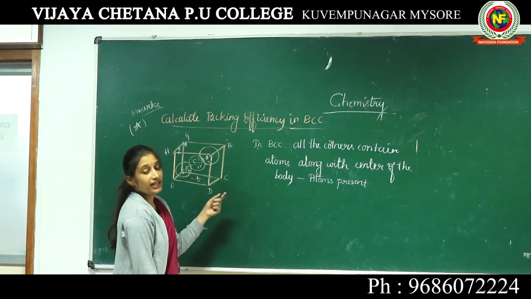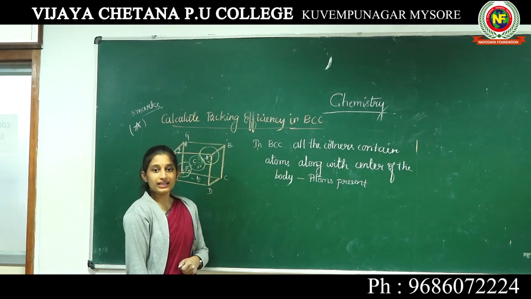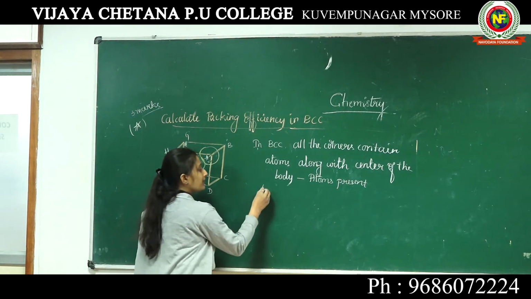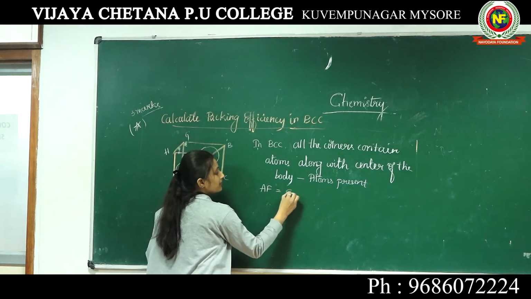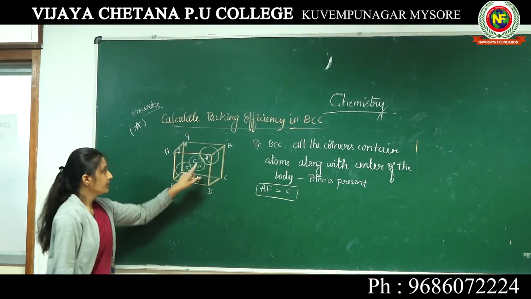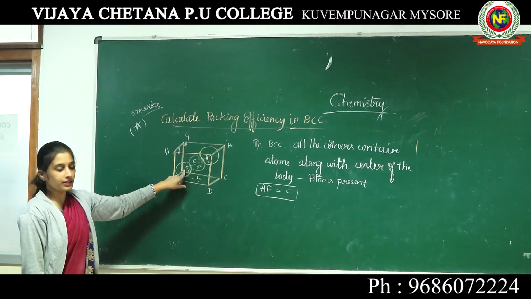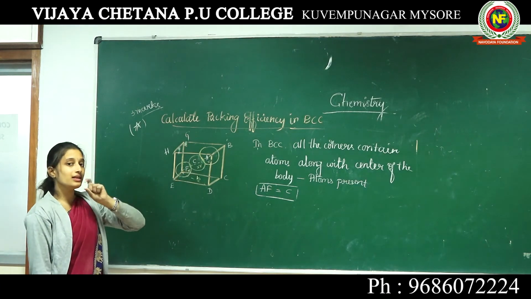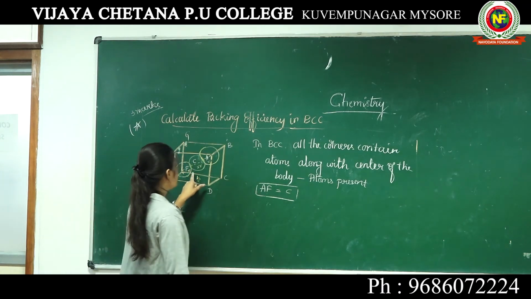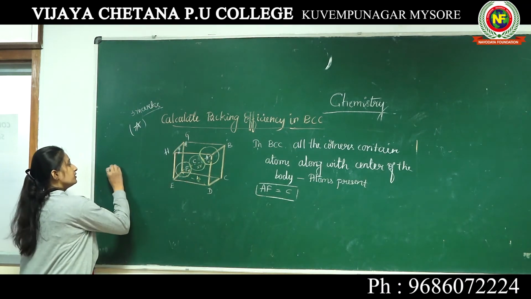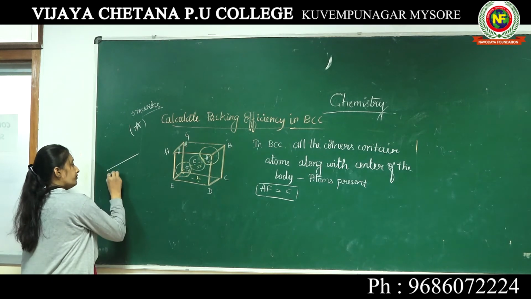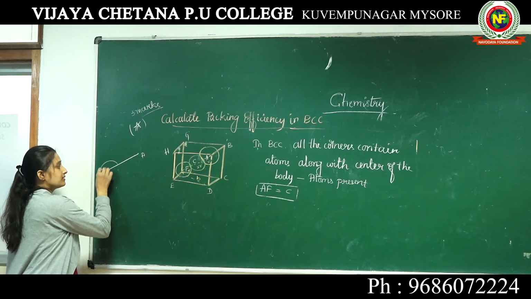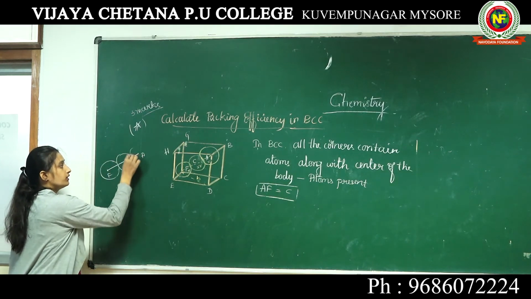So what next? C is the distance between A and F. See, A and F corners are there, no? The distance is nothing but C. Now I am going to draw this. This is F. This is A. How many circles are there? 3 circles: 1, 2, 3.